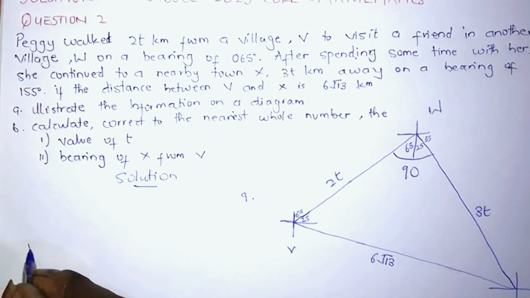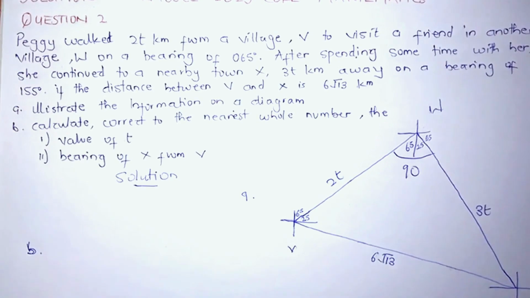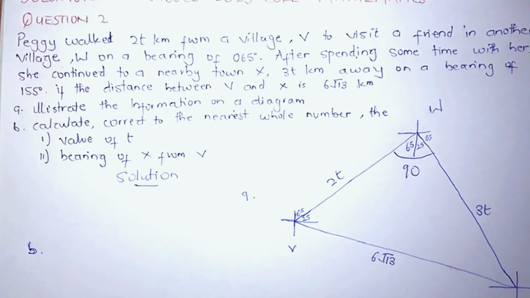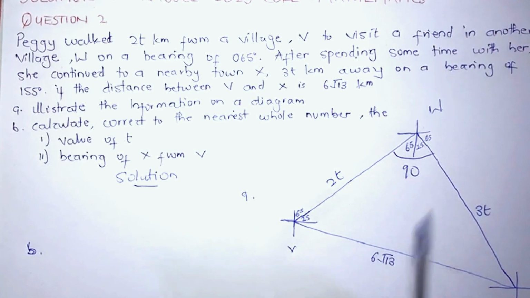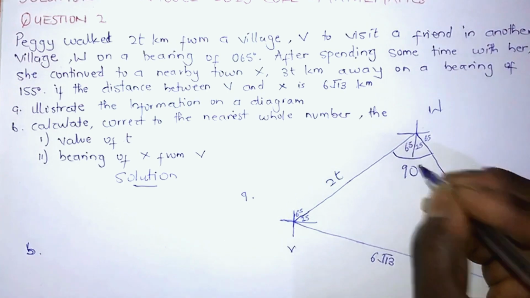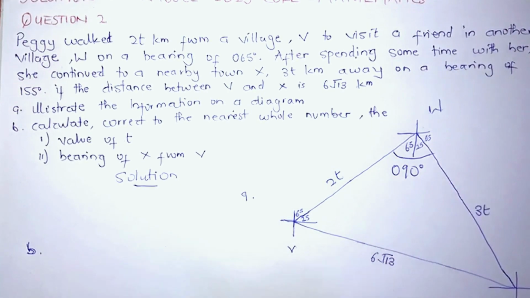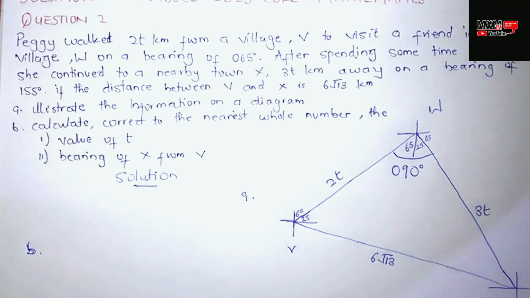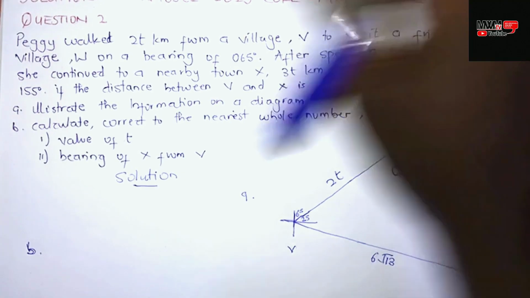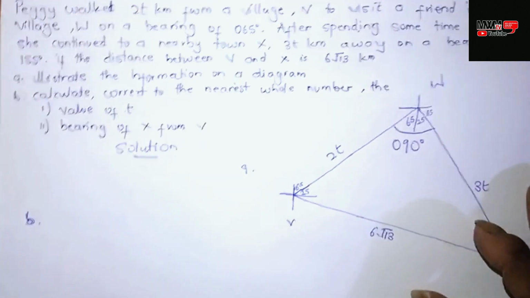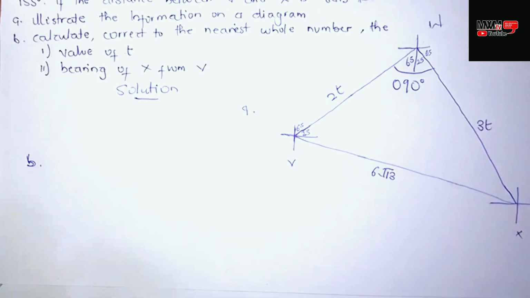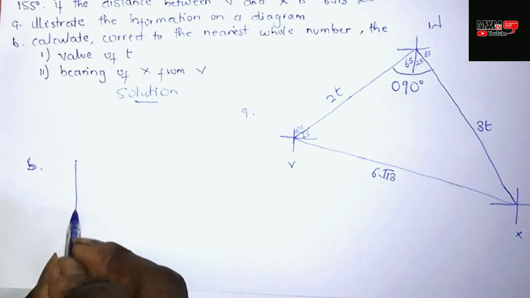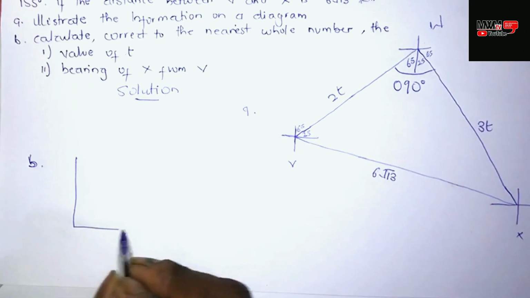Now, the B, we are asked to calculate the value of t. To calculate the value of t, since we are having 90 degrees here, it means that this triangle is a right-angled triangle. So, let me sketch the right-angled triangle.